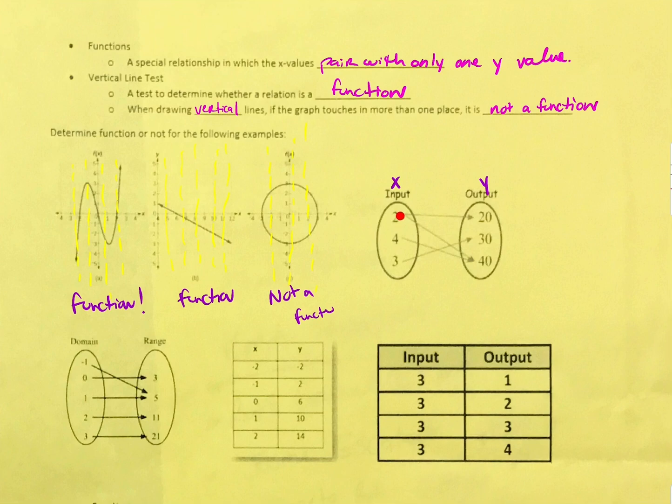So this 2 is pairing with the 20, but then we see a line going from the 2 to the 40. That's more than one number, so by definition, this is not a function.